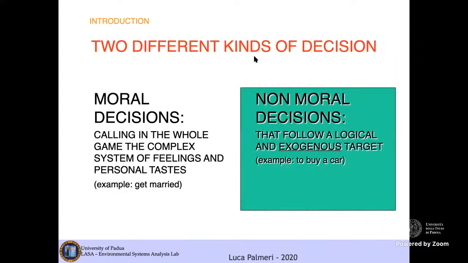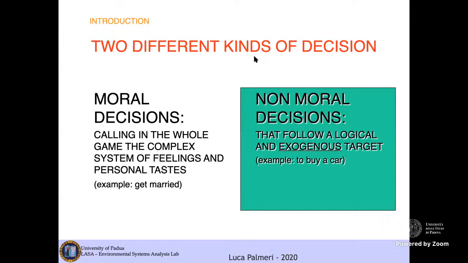Let's start going to the details of what it means deciding. We have, for example, two different kinds of decision: moral decision and non-moral decision. Moral decisions call in the whole complex system of feelings and personal tastes and political or philosophical positions or whatever.